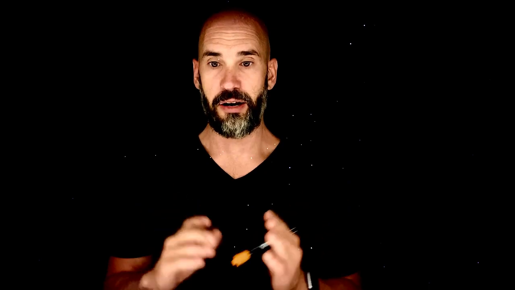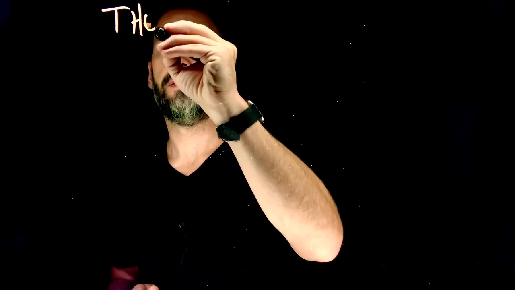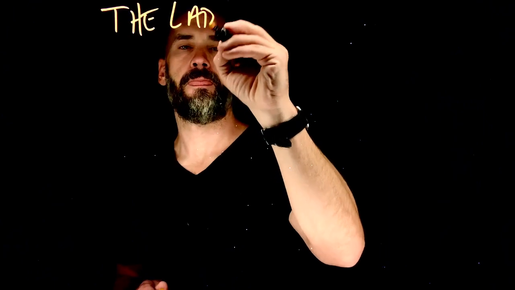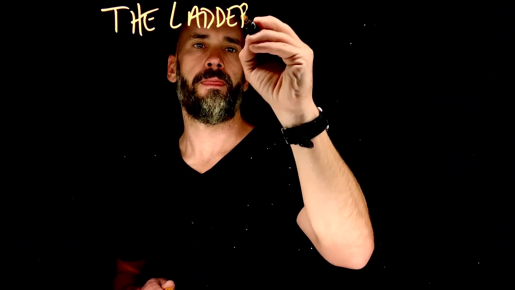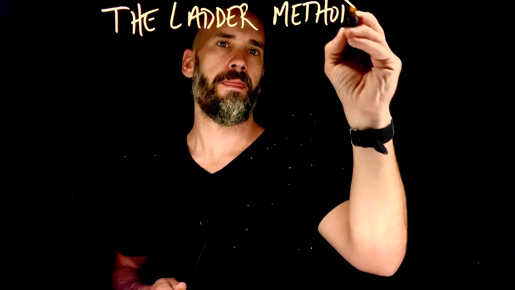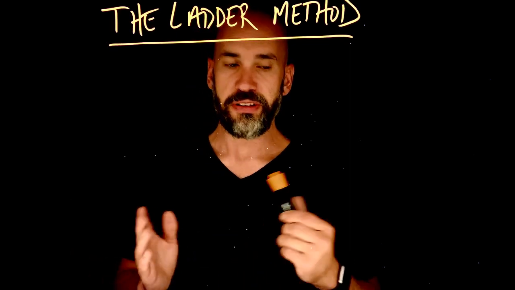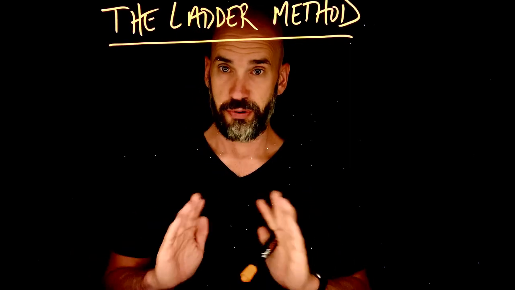So let's ask that question. Am I, this guy over here, a billion seconds old? Sounds pretty old to me. So whenever we're doing this, we start with something called the ladder method. I'll write it up here. And whenever we're using the ladder method, we have a very precise set of steps.